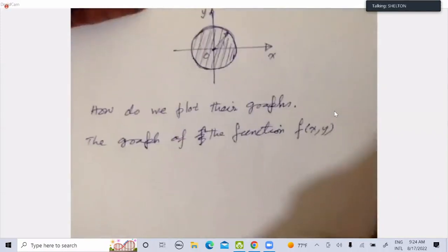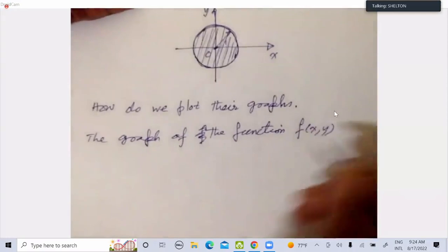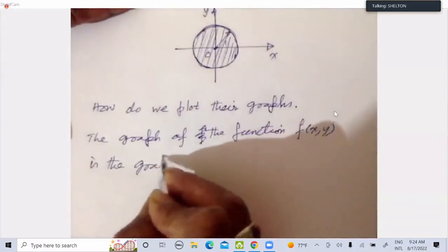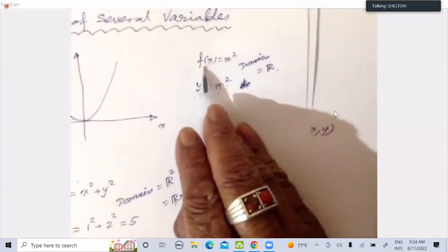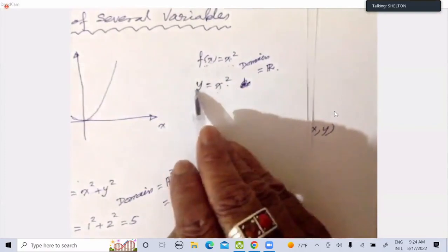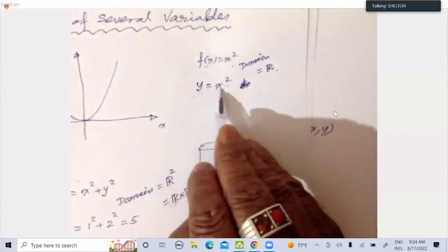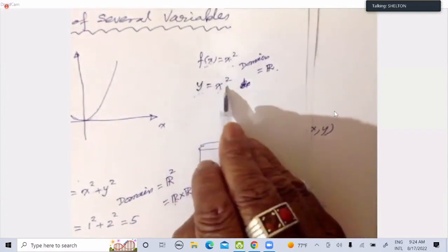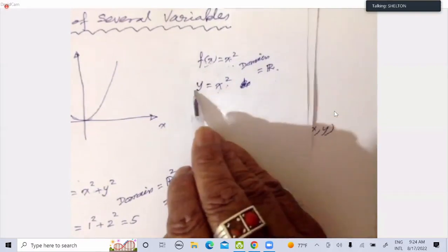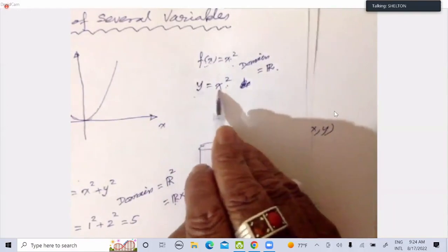for two variables, the function f of x, y, the graph is the graph of the equation. What is the graph of the function f of x when it is one variable? It is the graph of the equation y equals x squared. Input, output pairs. Output is denoted by y, input by x.